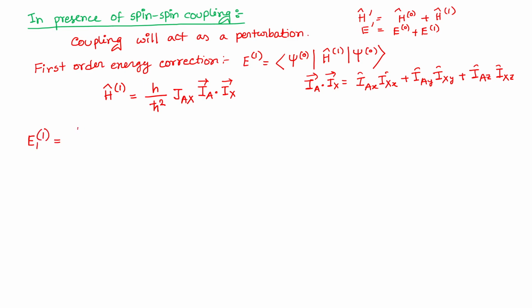Since it is a constant, I'll keep this outside. Psi 0 you already know, alpha A alpha X, and then I have defined it so I will write it once.